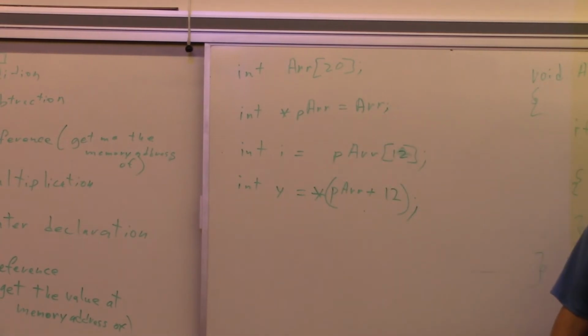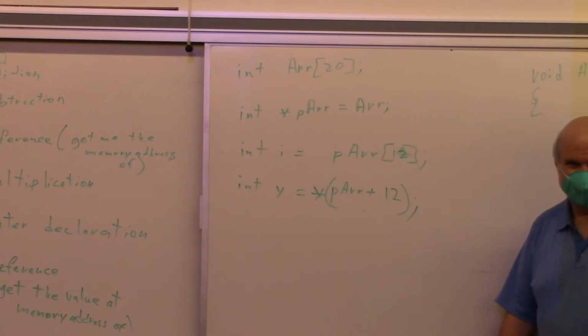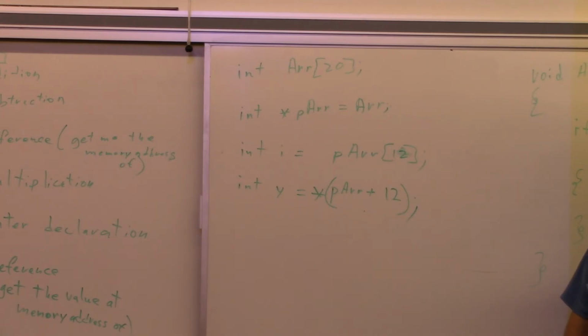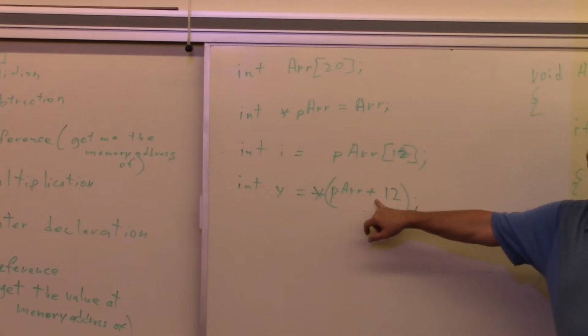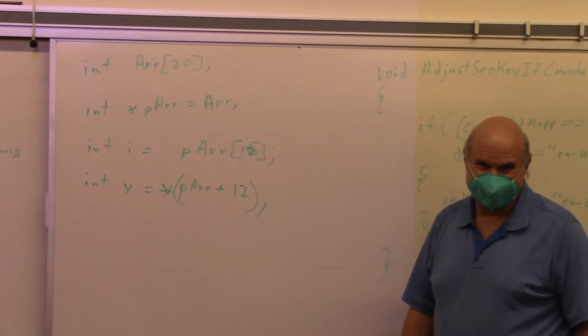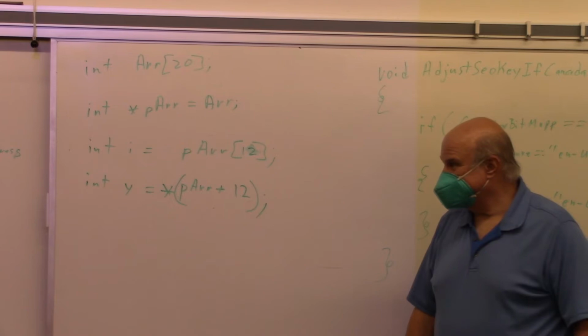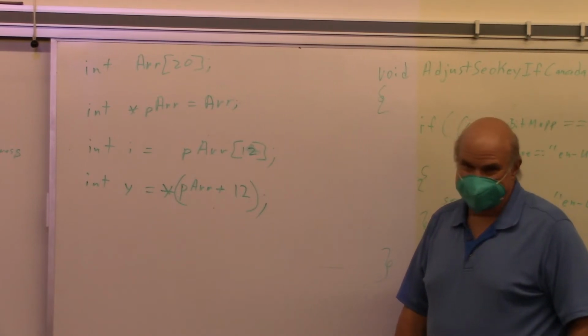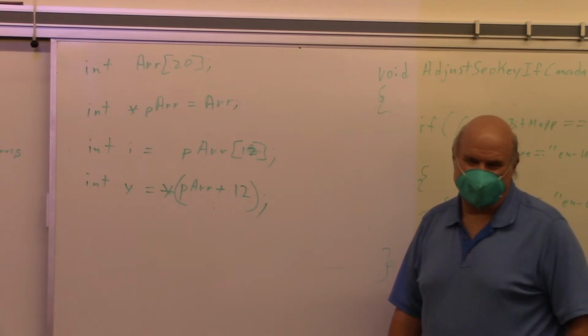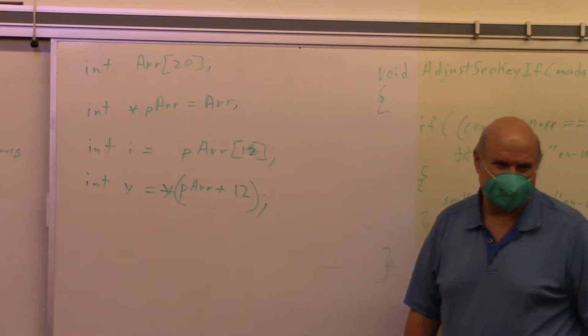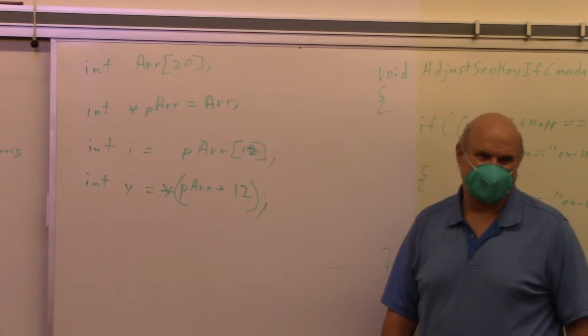If I wrote a new line, int z equals ARR plus 12, would it equal ARR's 13th slot? No. Int z is an integer. It would equal some random memory address stuck in an integer variable.